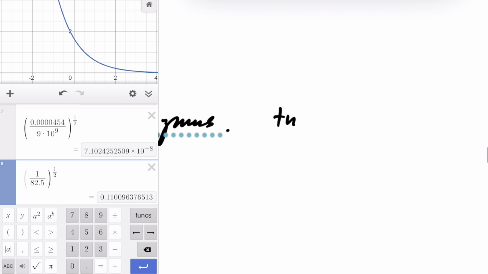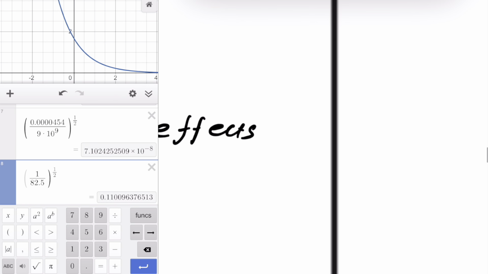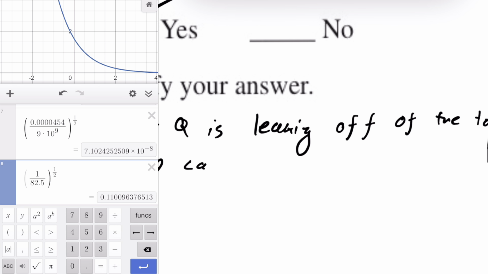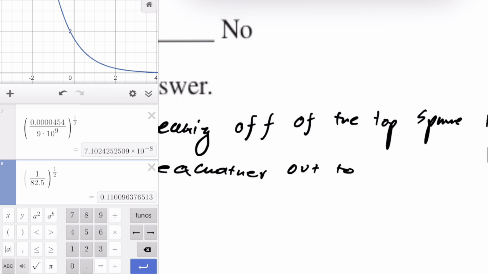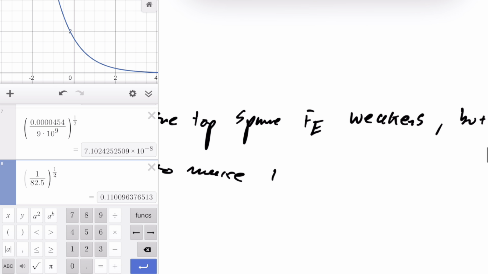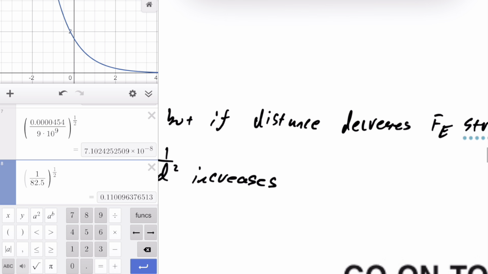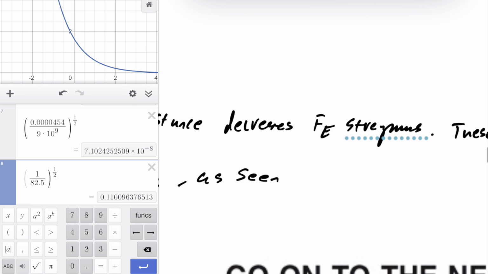These effects could cancel each other out to make Fe constant as 1 over d squared increases, as seen in the graph.